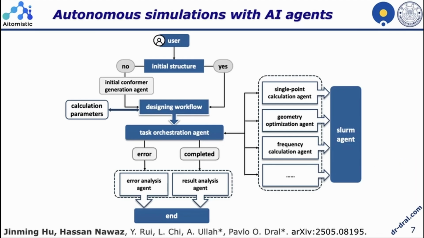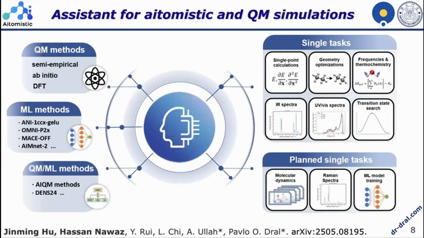So in a nutshell, what it can do is perform many different simulations with quantum chemical methods: ab initio, DFT, some empirical ones, different machine learning methods, and universal models, which are now very popular. Also extended now to user-trained models, and combinations of methods, some of which I will talk about, like these AIQM methods.